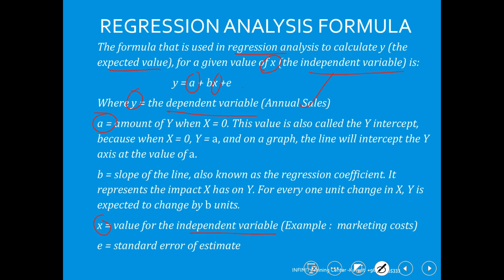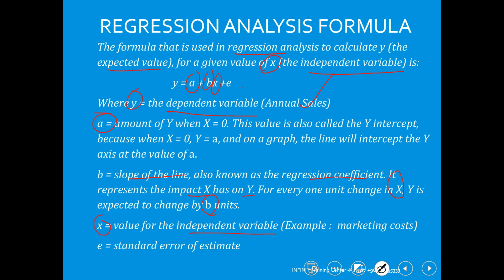Then what is b? That is the slope of the line, also known as the regression coefficient. It represents the impact x has on y. This is what we calculated earlier, the relationship between x and y. That is what this b is. So for every 1 unit change in x, y is expected to change by b units.